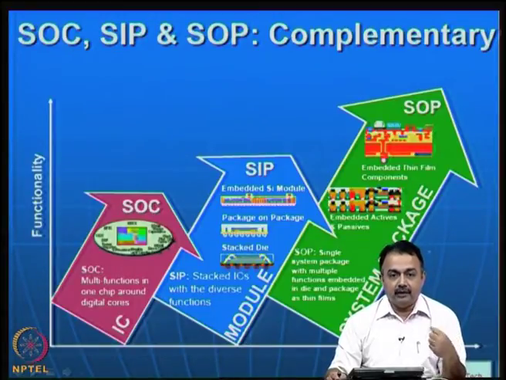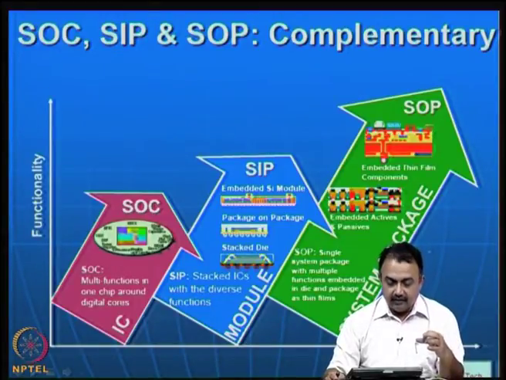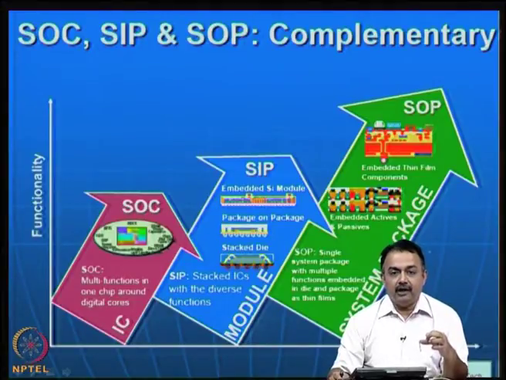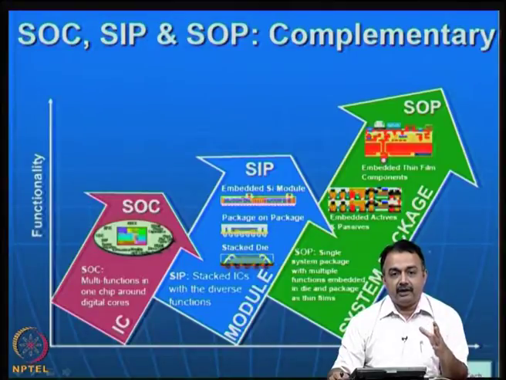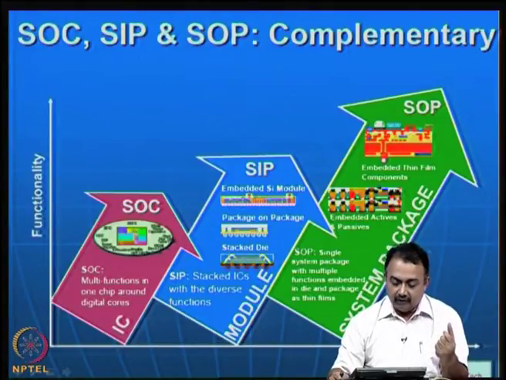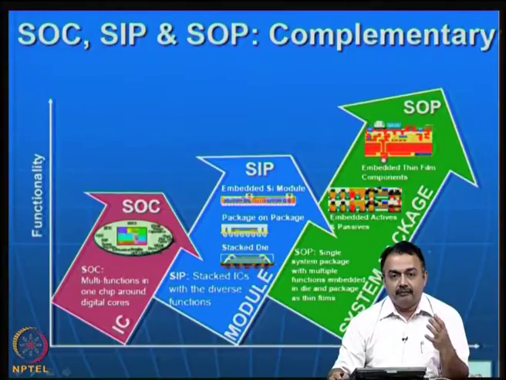They can be grouped together on a single substrate, stacked and interconnected by means of wire bond or flip chip, and then they are packaged. Okay. So, now it behaves as a single package, but effectively you have used different functional dies.